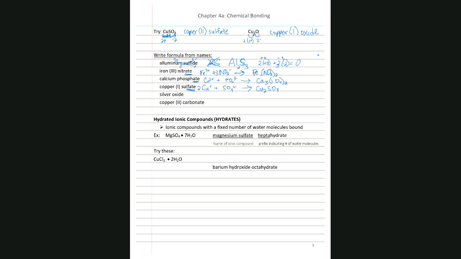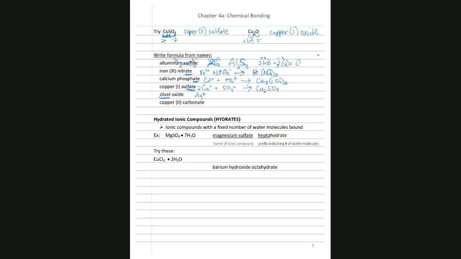Silver oxide. Silver, guys, is in the transition metals, but it happens to only have 1 ion. And its 1 ion has a +1 charge. So because of that, we don't have to use Roman numerals for silver. And you'll see that in prompts. It's just something you have to memorize. Zinc is also in that boat. Zinc has only a 2+ charge.